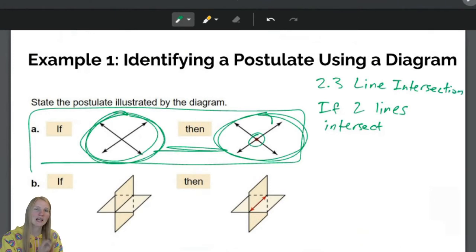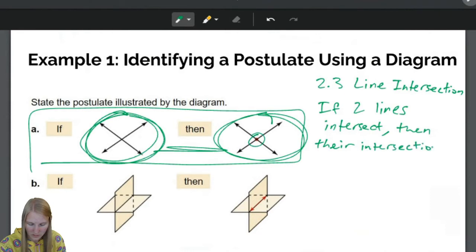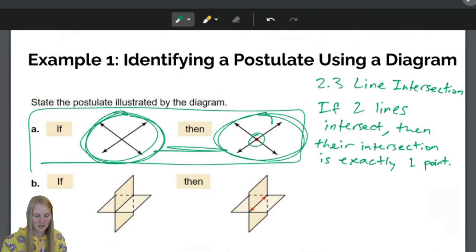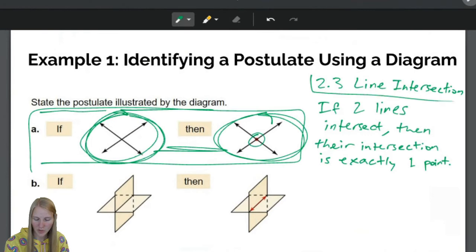It says if two lines intersect, then their intersection is exactly 1 point. So it says to state the postulate illustrated by the diagram, so I suppose you could have just said postulate 2.3, the line intersection postulate, but it's more important to me.